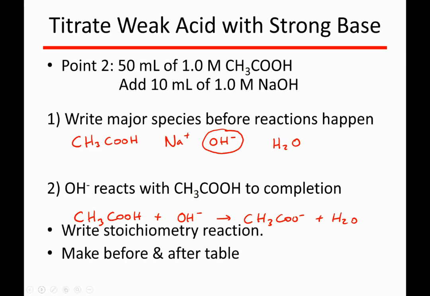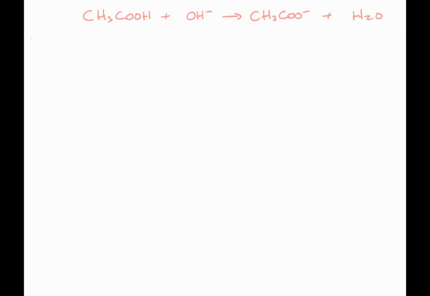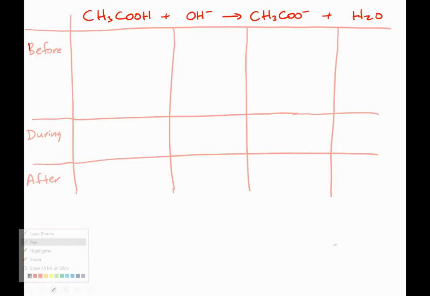And because this is a reaction that goes to completion, this is a stoichiometry problem. For a stoichiometry problem, we're going to do the stoichiometry by making a before, during, and after reaction table. That will allow us to solve this limiting reactant problem in the quickest and most efficient way. So we'll set that up on the next slide. We'll write the reaction again, and then set up the table.